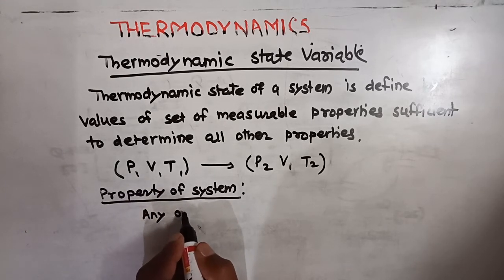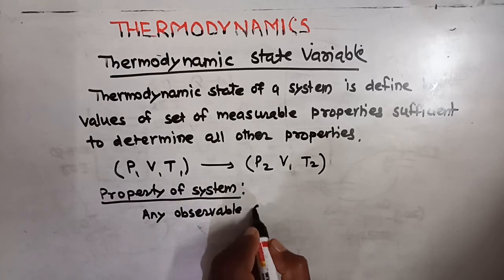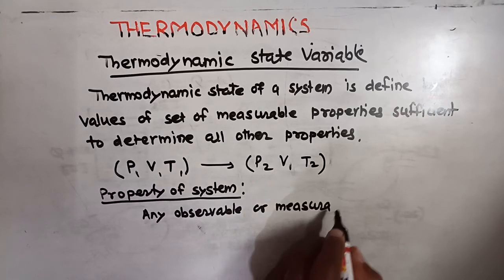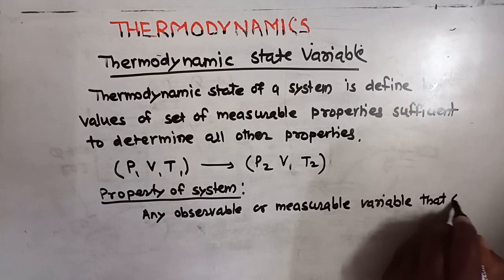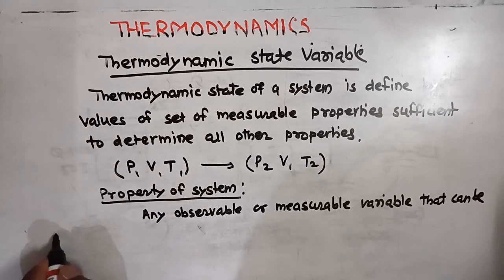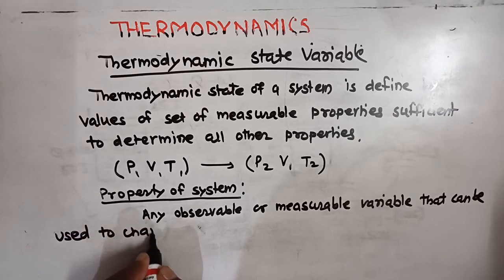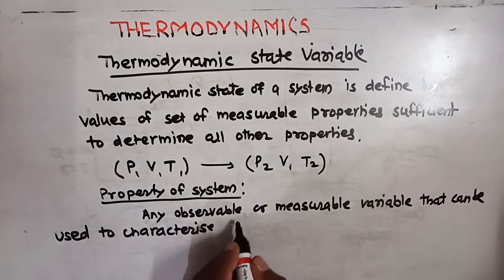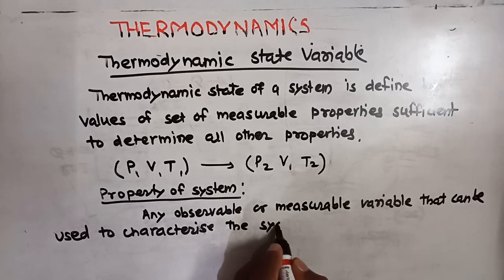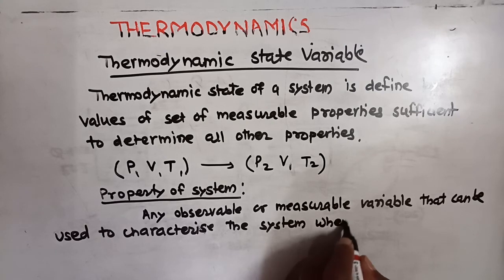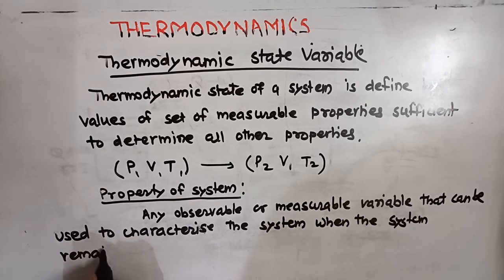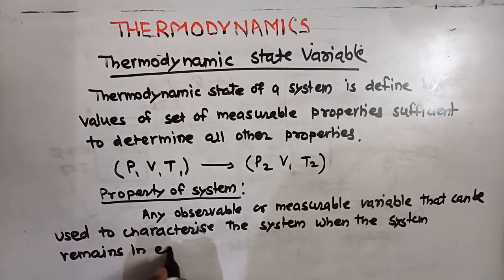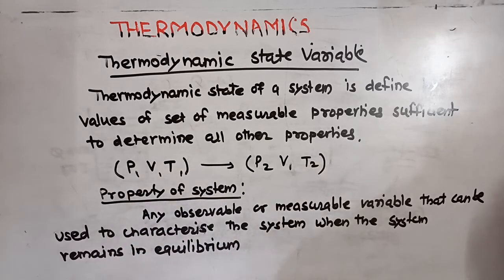Any observable or measurable variable that can be used to characterize the system when the system remains in equilibrium is called a property of a system.